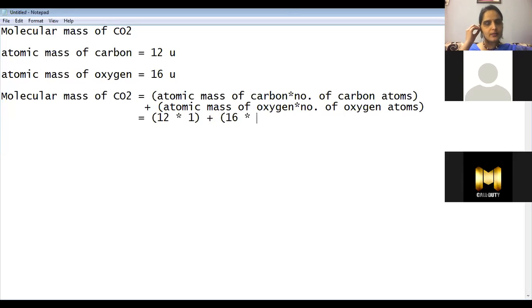How many oxygen atoms are there in carbon dioxide? 2. Yes, it is 2. So it is simple math. 12 into 1 is 12, plus 16 into 2 is 32. Finally the addition is 44. So the molecular mass of carbon dioxide is 44 U.